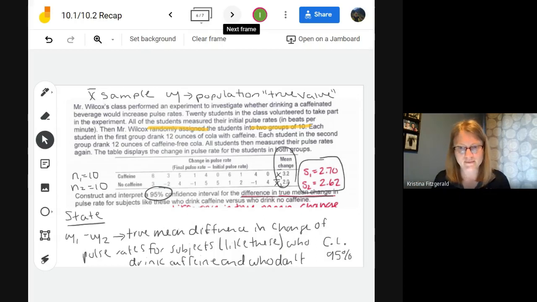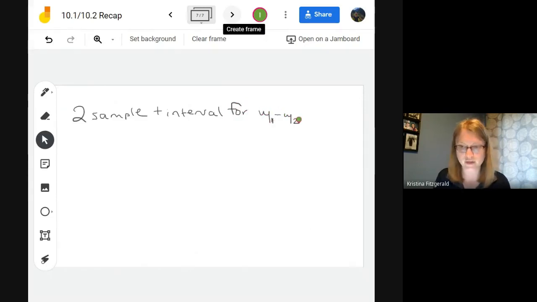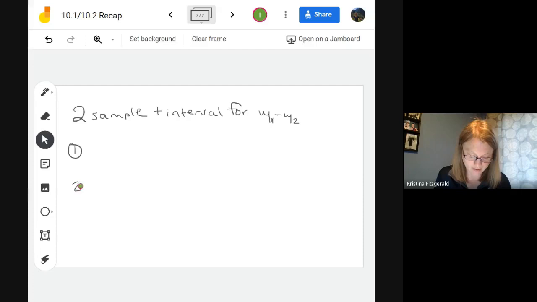For this one, our name is going to be a 2-sample T interval, because again, we're going to construct a range of possible numbers for the population difference there. And then we always have our 3 conditions. Never change. So always the same.